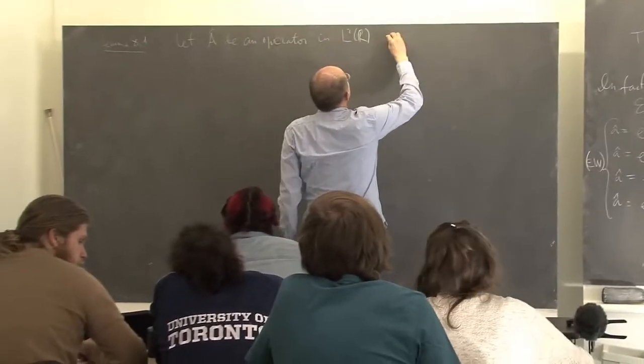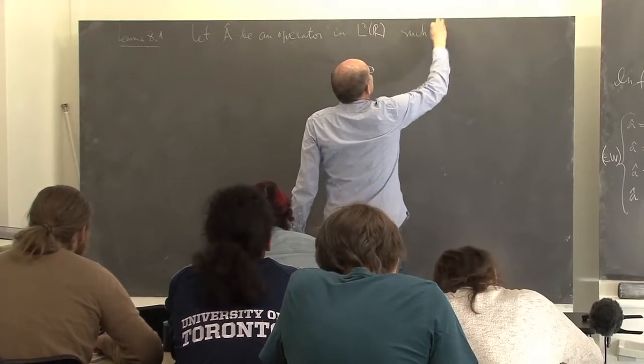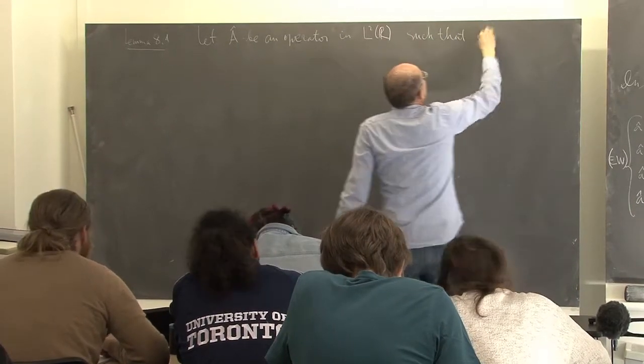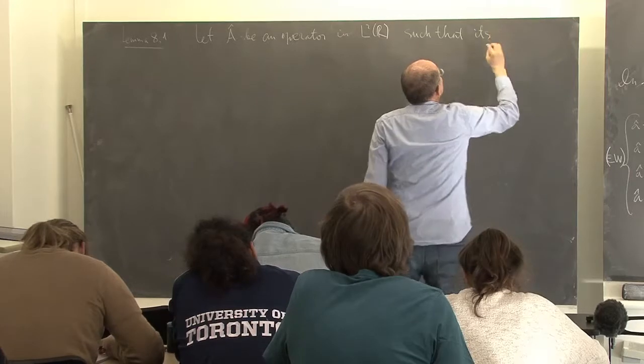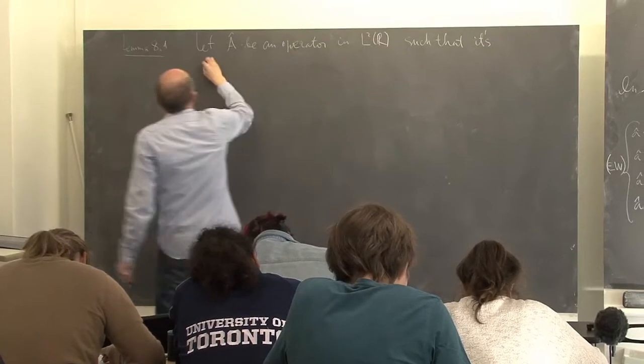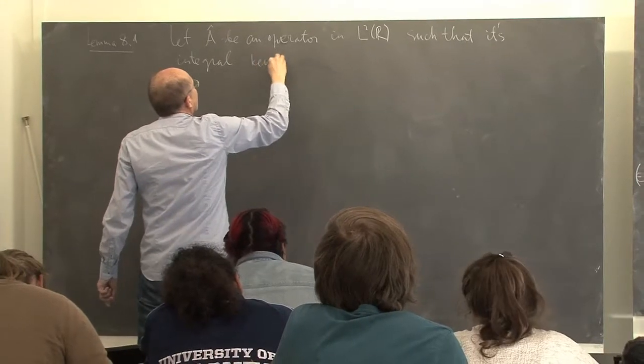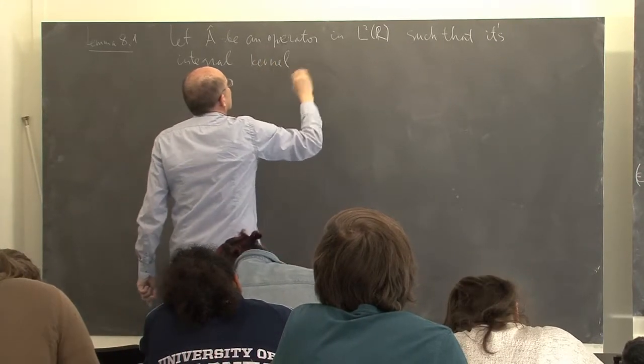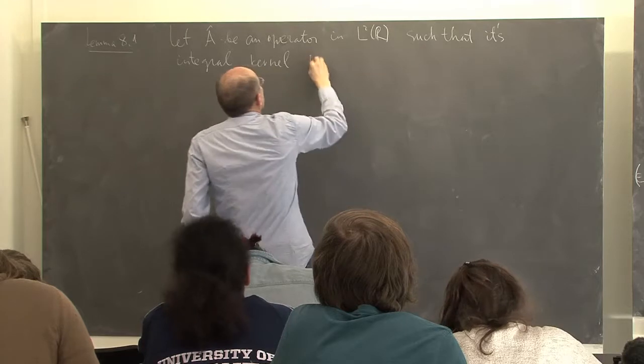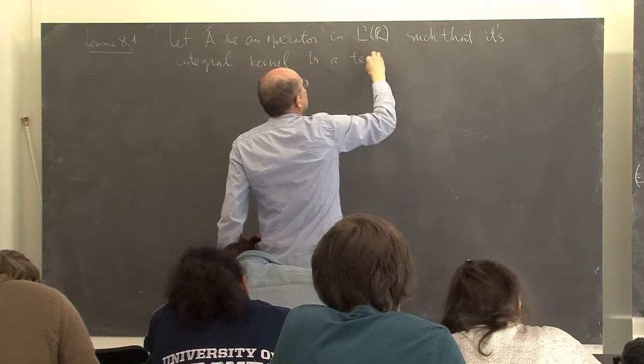But anyway, we operate in L2 of R such that its integral kernel is a tempered distribution.